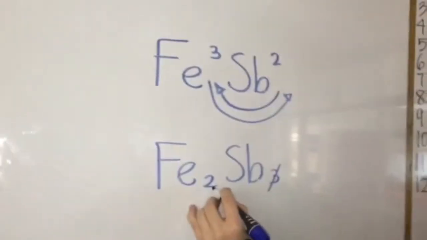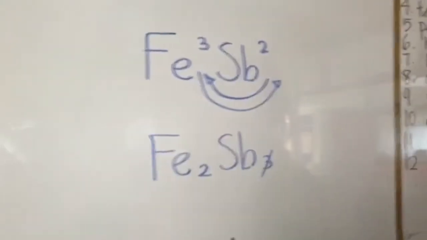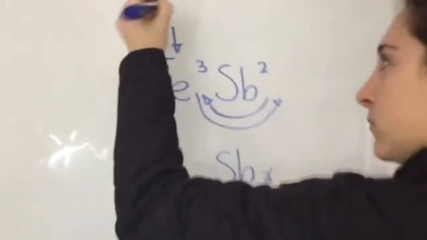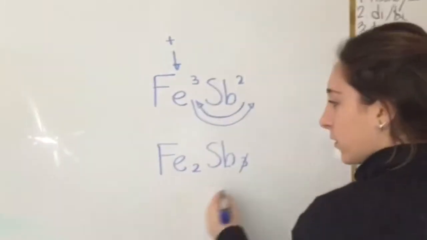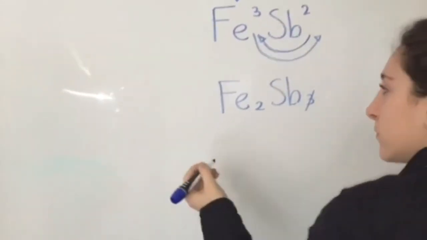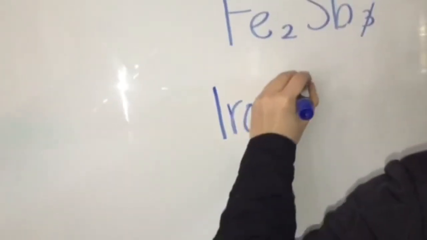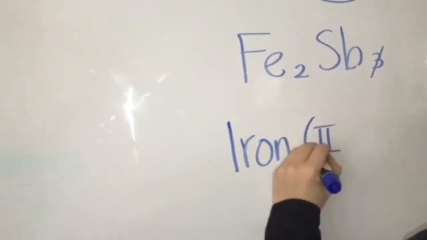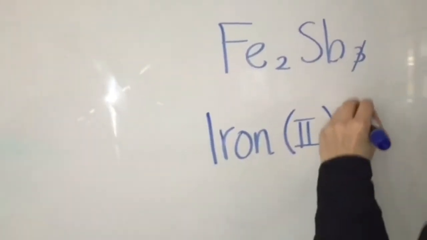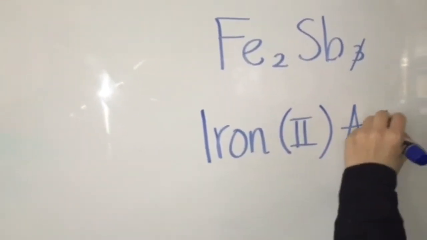But you just use the positive charge, so you cross out the number 3, because iron is the positive. Now you write the expression with words: iron, parentheses 2, antimonide.